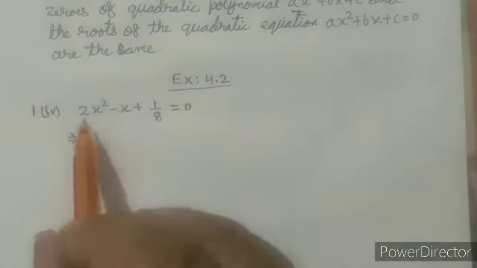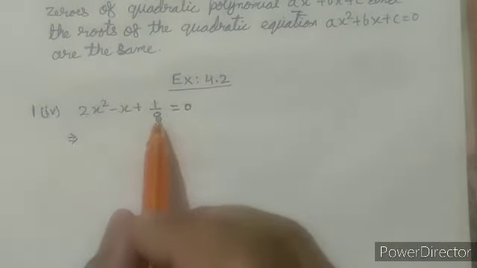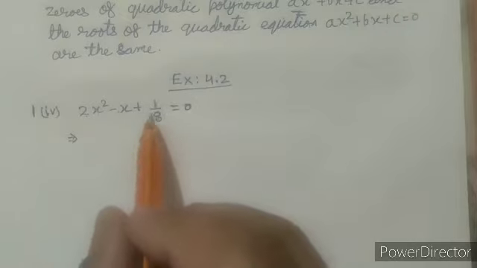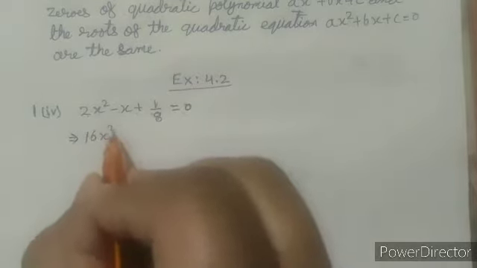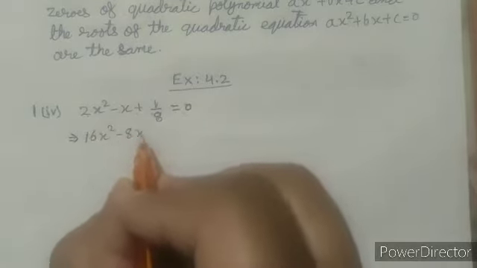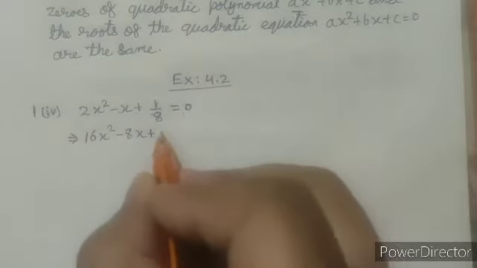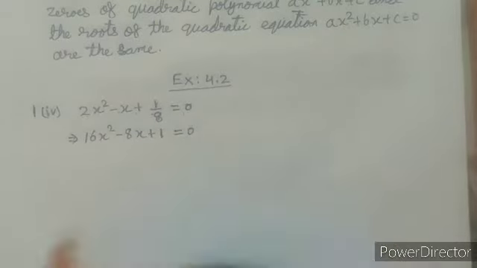First of all we will convert it into standard form. Here the last term is 1 by 8, so we will multiply the whole equation by 8. 8 into 2 will be 16x square, minus 8x, and plus 8 into 1 upon 8 will give us 1, equal to 0.